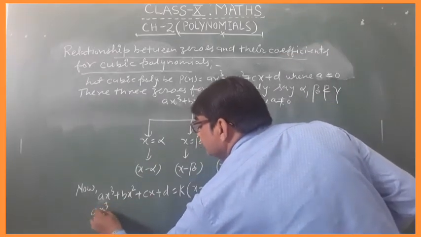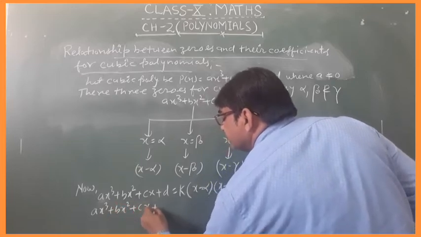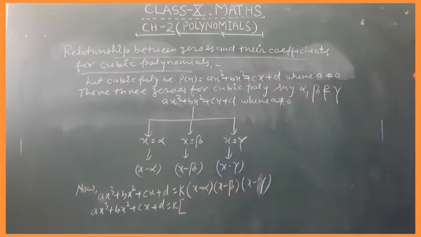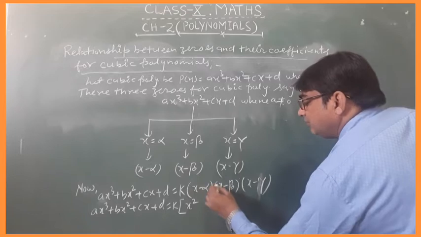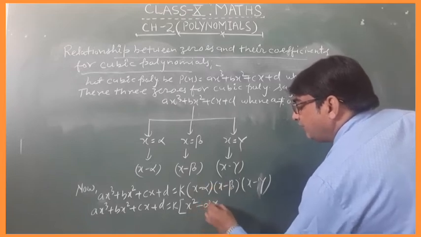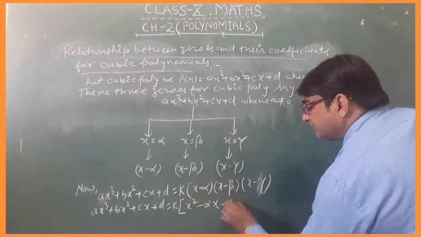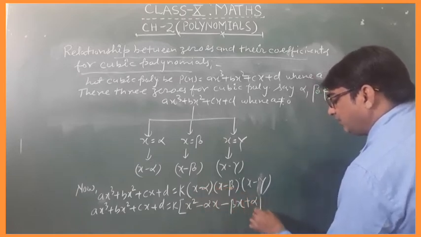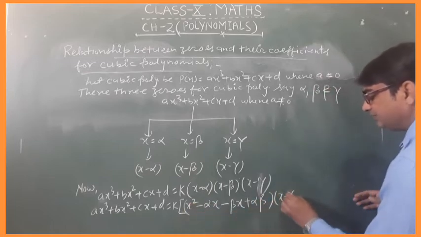ax cube plus bx square plus cx plus d is equal to k. Firstly multiply them: x square minus alpha x minus beta x and minus minus plus alpha beta, into (x minus gamma).